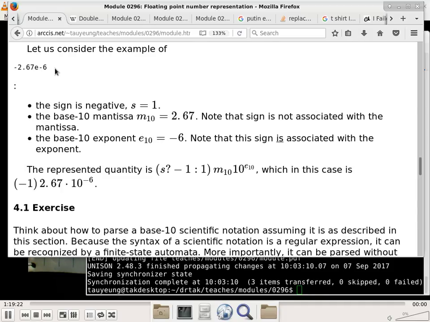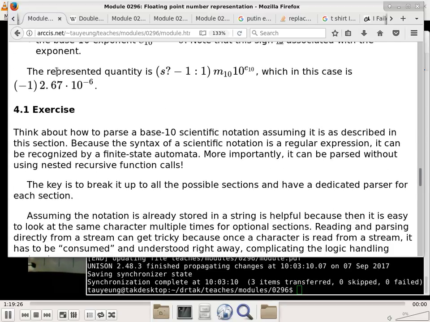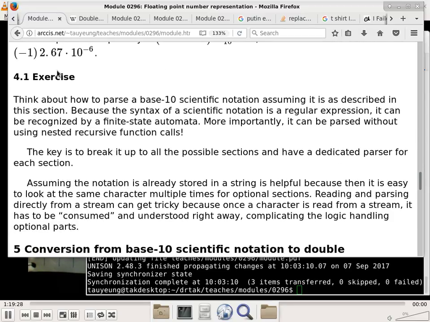Okay, so here's an exercise that you want to think about, but it's kind of complicated, so you may not want to actually do it over the weekend. The question is, if you know that the input to your program is expressed as a base 10 scientific notation using that particular format, how do you write your C or C++ code to recognize and break that pattern up into individual parts?